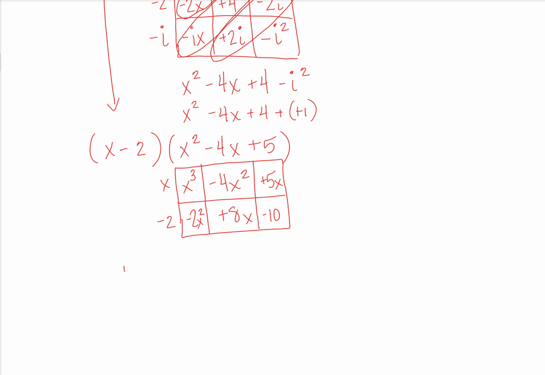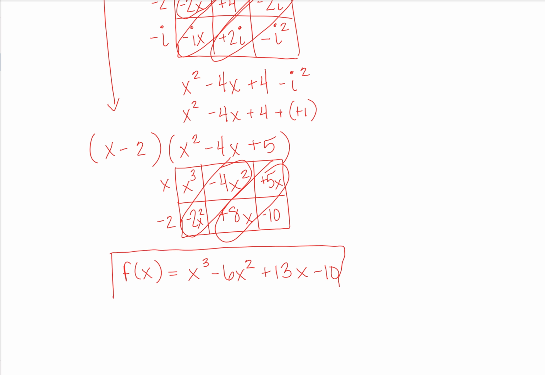So finally, once I do all of that, I can put them all together, knowing that my squares go together and my x's go together. So I get x cubed, that becomes a negative 6x squared, a positive 13x minus 10 for my final answer.